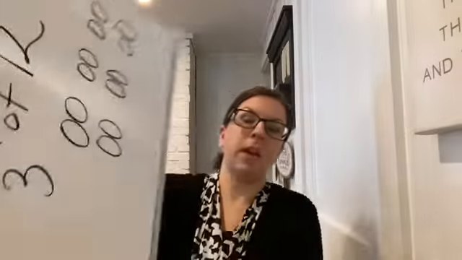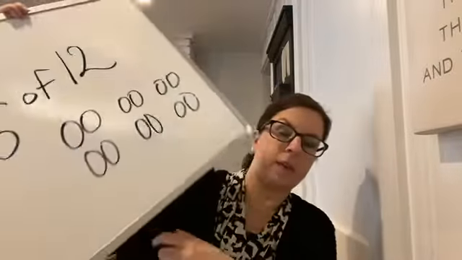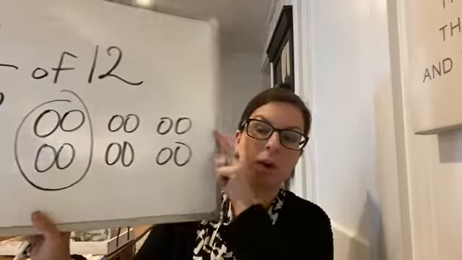Okay, 1/3 of 12. So we have 12 eggs, 3 sets of eggs, and we need to circle 1 of them. So 1/3 of 12 equals 4 eggs.